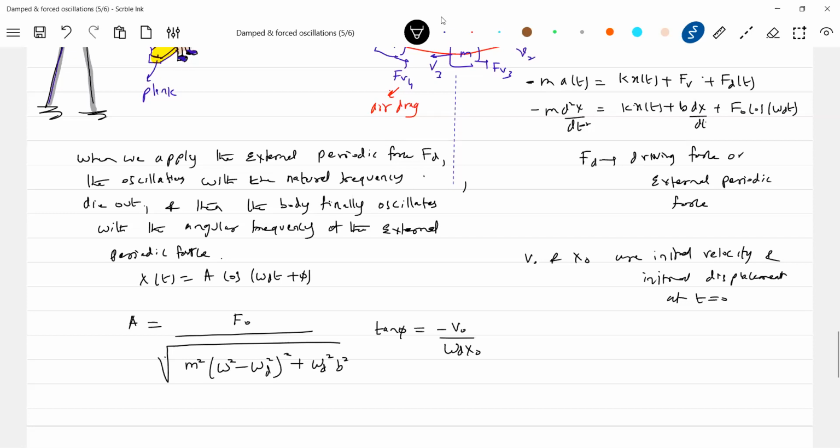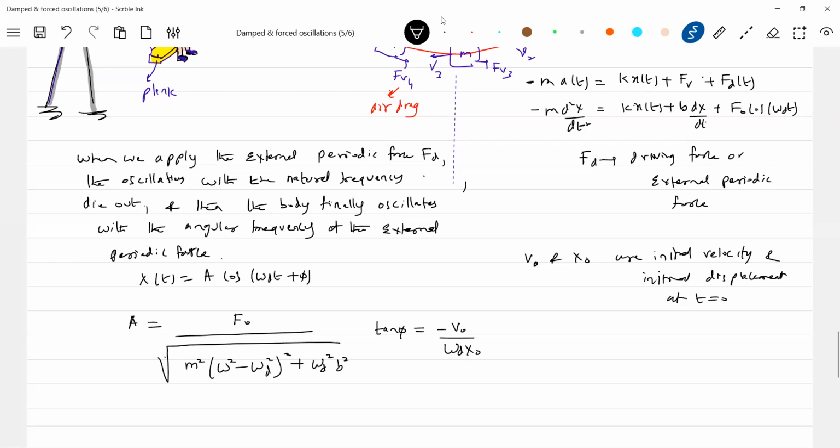Now there are two cases: omega_d equal to omega, and omega_d very much greater than omega. We'll break up the discussion into two parts.